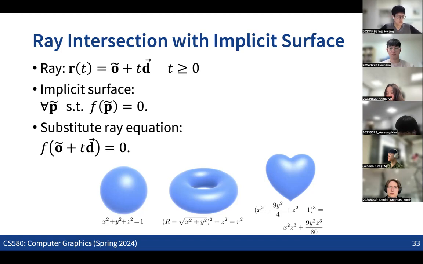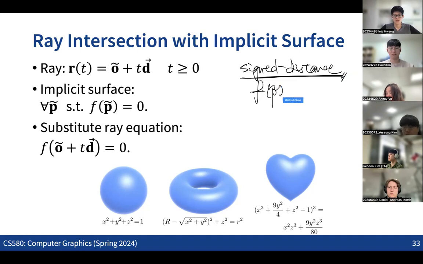But actually, there can be a more efficient way, especially when you have a signed distance representation. Here, signed distance means that we have a function which takes any point in the space. If this value is positive, the point is outside.